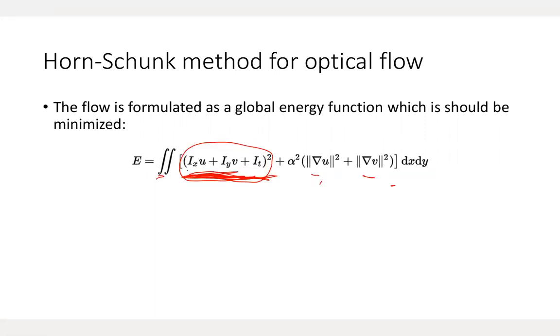This is kind of tricky if you have never seen it before, because U and V are really functions of X and Y, and you are optimizing over U and V. So it's like you're optimizing a function of a function.